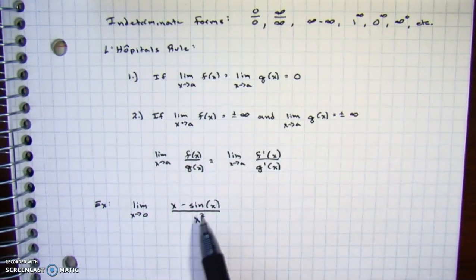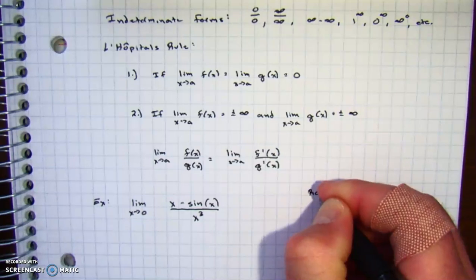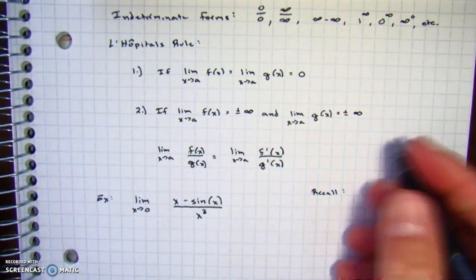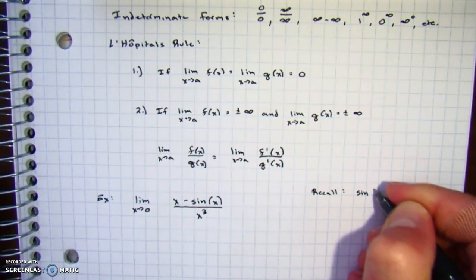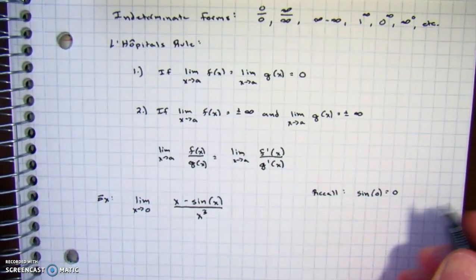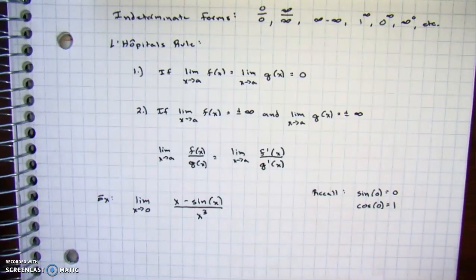Now, looking at this, you might not have to write this down, but just for your information, recall that the sine of 0 equals 0. And just for later on, cosine of 0 equals 1.